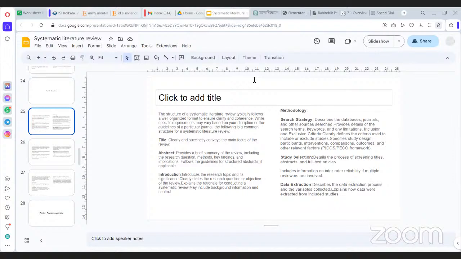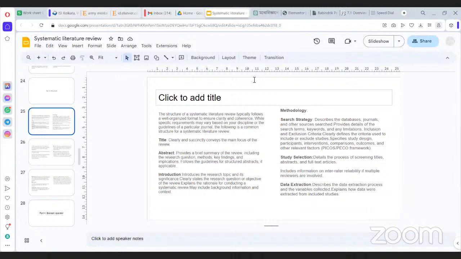Study selection details the process of screening titles, abstracts, and full text articles. It includes information on inter-rater reliability if multiple reviewers are involved. This is also very important, because if you find there are many studies and you have to select some of them, then you can assess the inter-rater reliability.